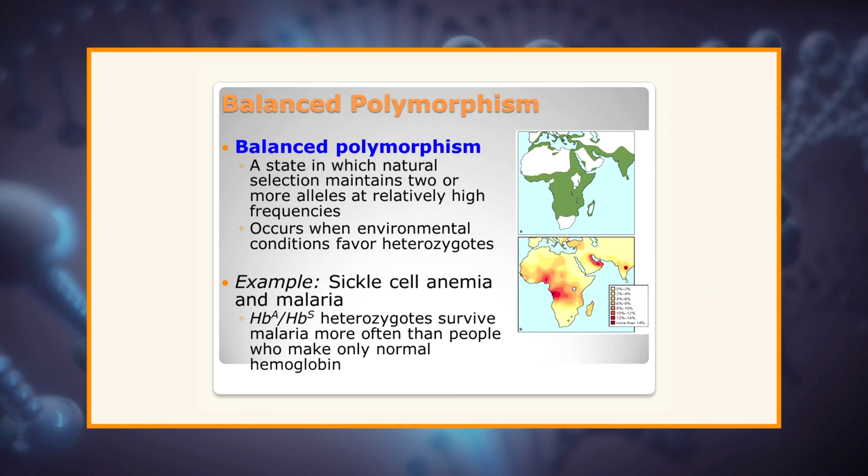Transient and balanced polymorphism are two types of polymorphisms visible in populations. Transient polymorphism refers to the progressive replacement of one allele of a gene by another allele. In contrast, balanced polymorphism refers to the maintaining of both alleles of a gene over time.